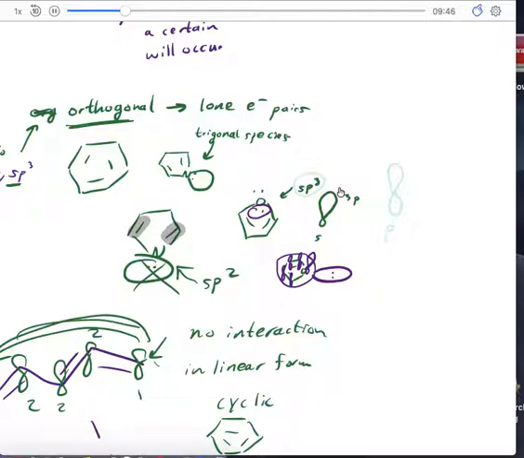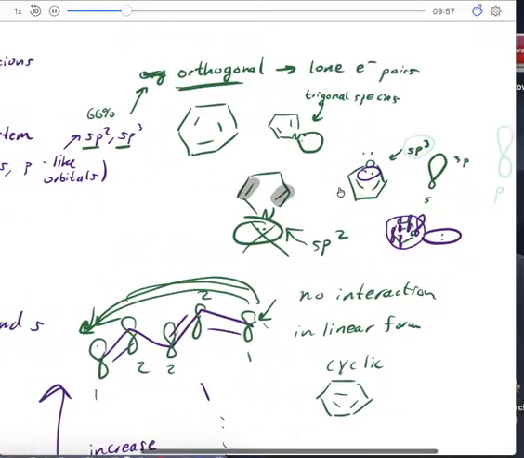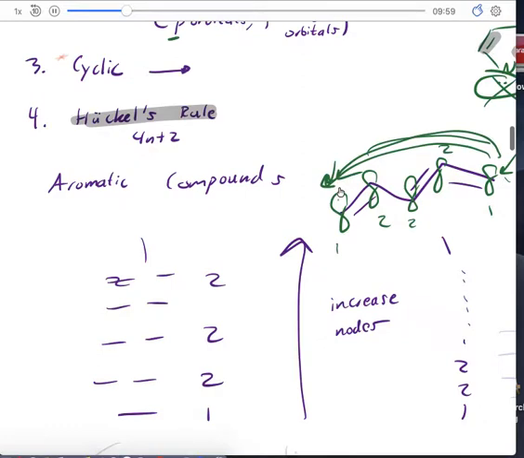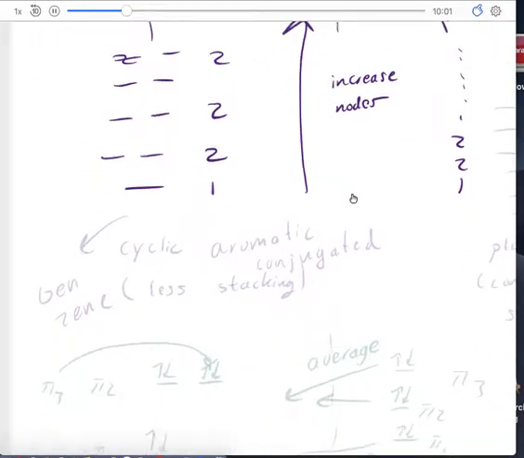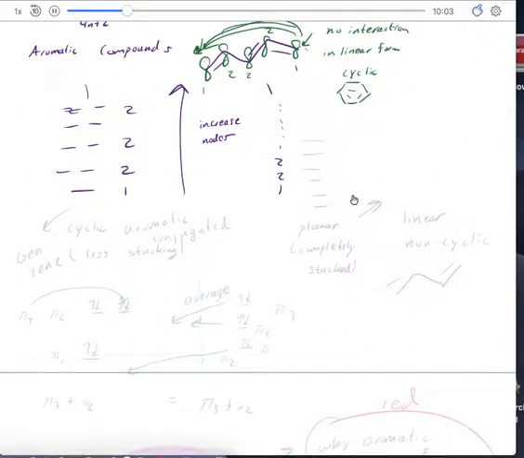So that's why it's important to know the difference between aromatic, anti-aromatic, and non-aromatic. And let's get into more of a description of that right now. So we all understand why the molecular orbitals take the 1, 2, 2 position instead of just the 1, 1, 1, all stacking on top of each other.